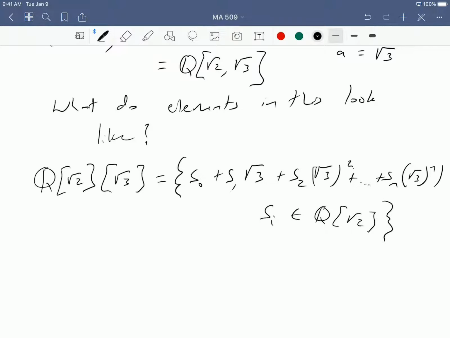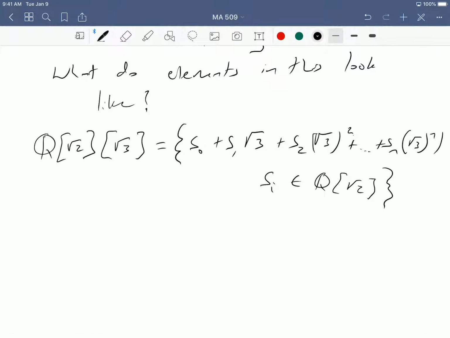So that's my set. But like we saw before, with that root 3, I don't need a root 3 squared because that's just 3, and I don't need a root 3 cubed because that's just 3 times root 3. So we know that I can simplify everything down to an S0 and an S1 root 3.